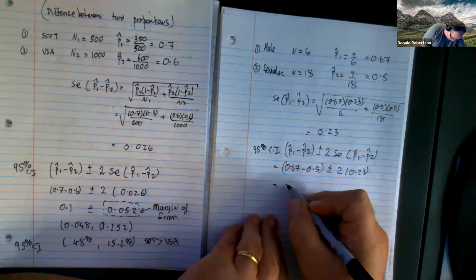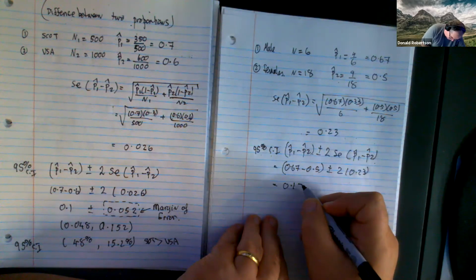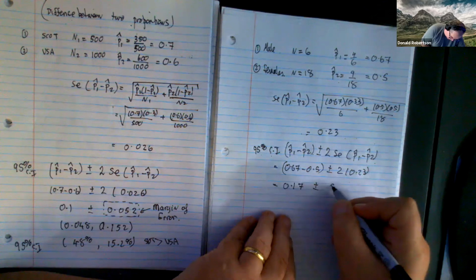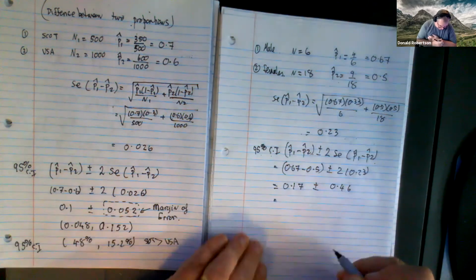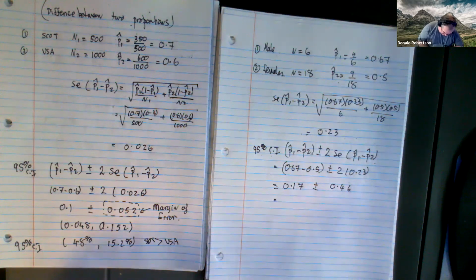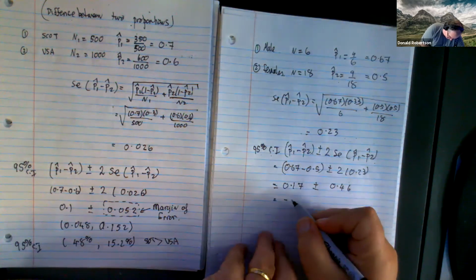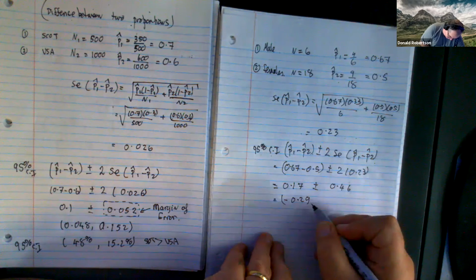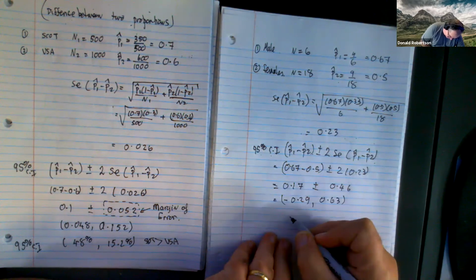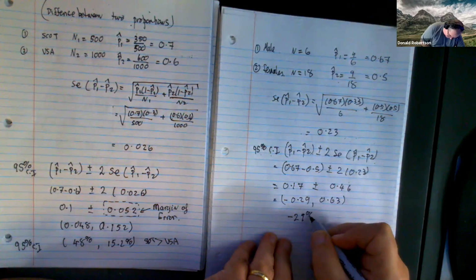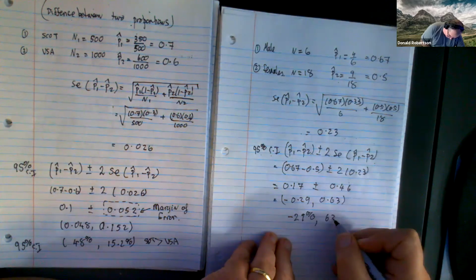So 0.17, give or take 0.46. Not looking promising, guys, is it? Negative 0.29 up to 0.63. So that's negative 29% all the way up to positive 63%.